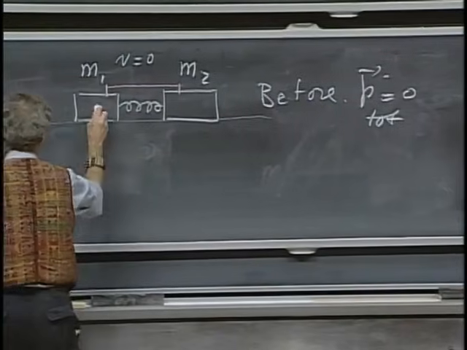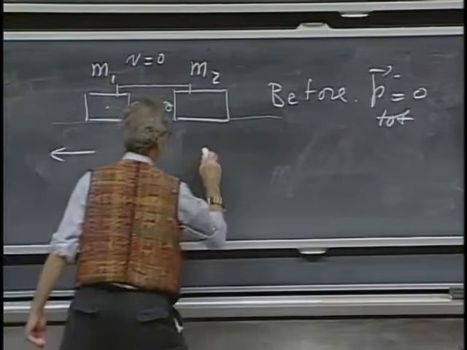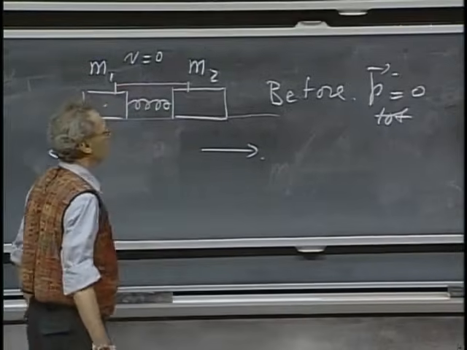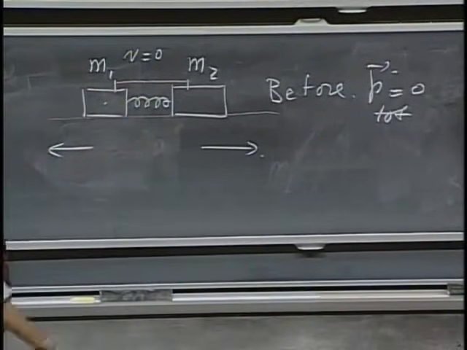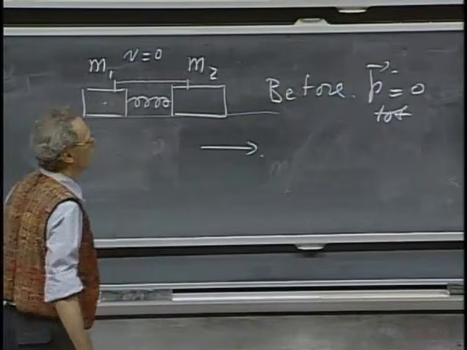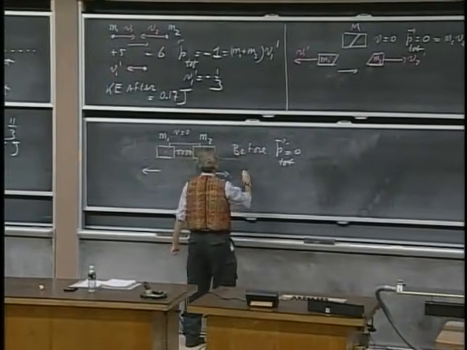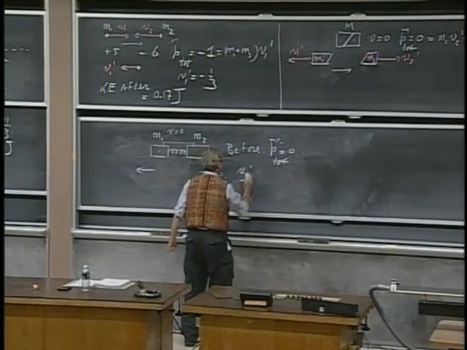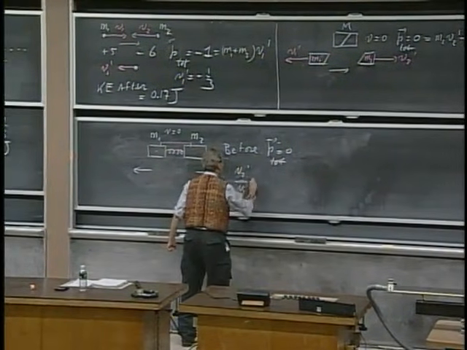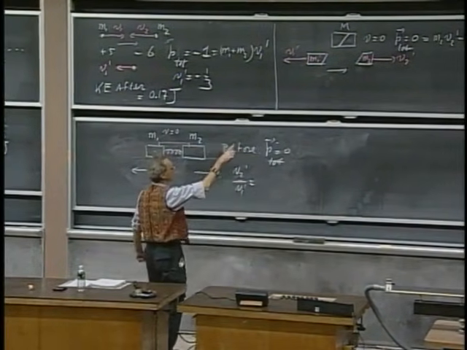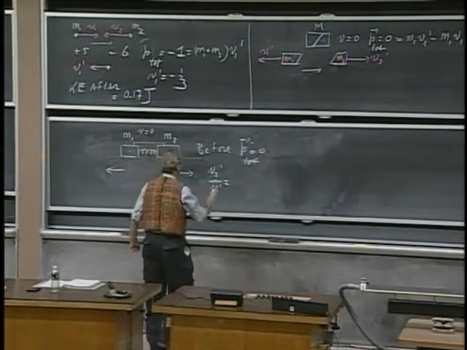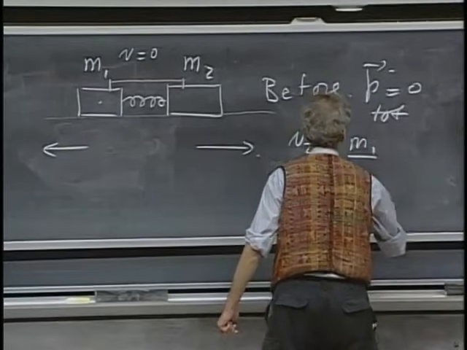And so this object will fly in this direction, and this object will fly in that direction. And you already can tell what the ratio of the velocities will be, because you will see that v2 prime divided by v1 prime, you see it right there, equals m1 divided by m2.